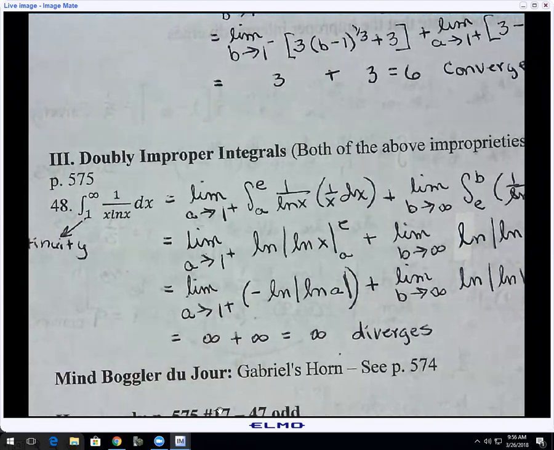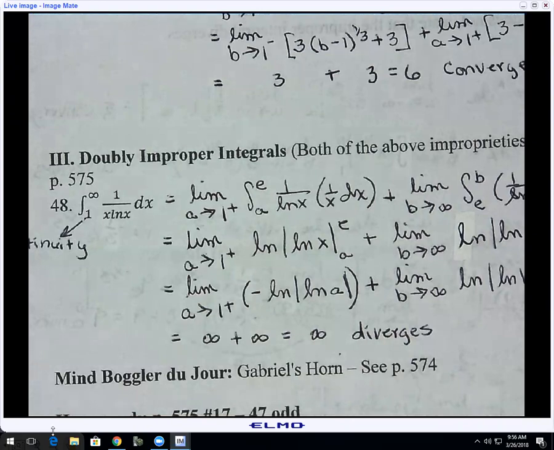Doubly improper integrals have both infinity as one of the limits and a vertical asymptote somewhere. Sounds worse, but it really didn't turn out to be harder. Since the vertical asymptote was at the lower limit, we had to do the limit as A approaches 1 from the right. And since the upper limit was infinity, we had to go limit as B goes to infinity.